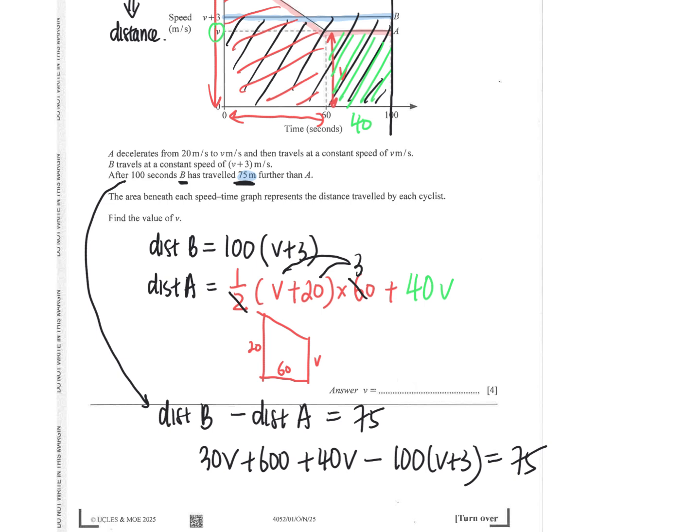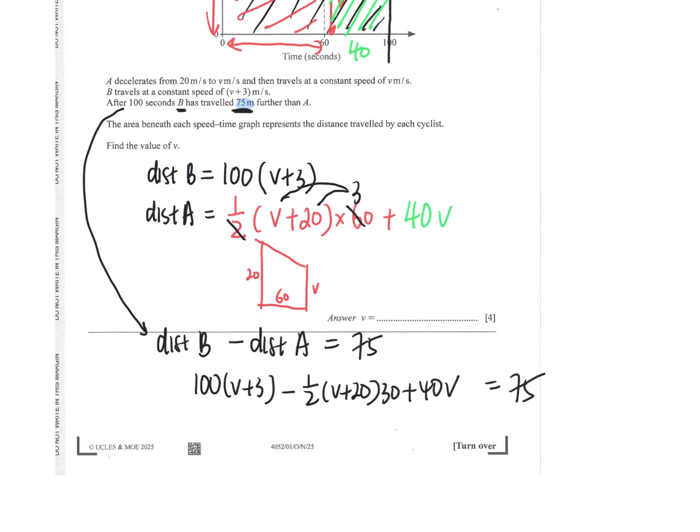Yeah, distance B. I used the wrong one. Okay, sorry, B is the 100 times V plus 3. Okay, minus this one. So you go and simplify everything.